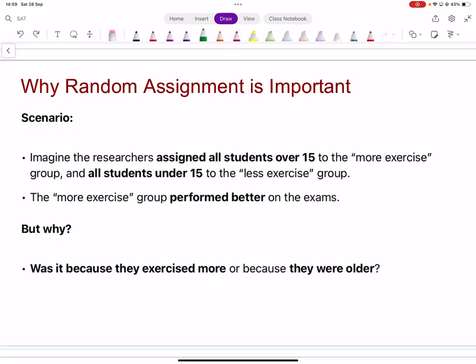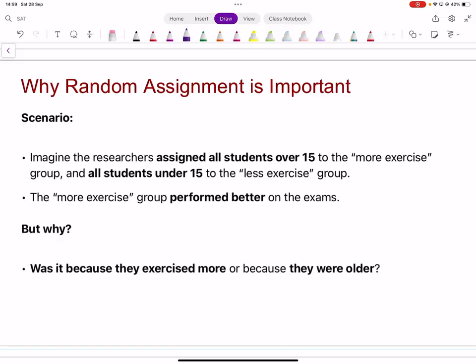Imagine the researchers assigned all students over 15 to the more exercise group and all students under 15 to the less exercise group. The more exercise group performed better on the exams. Now, how do we know? Was it because they exercised more, or was it because they were older? Right?